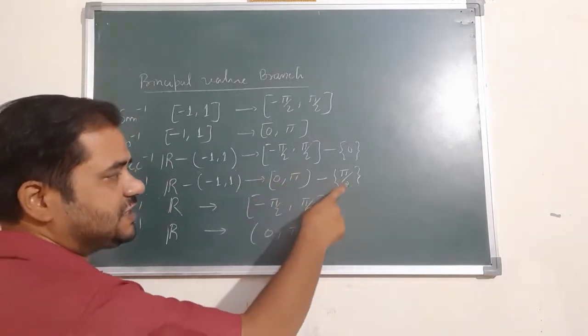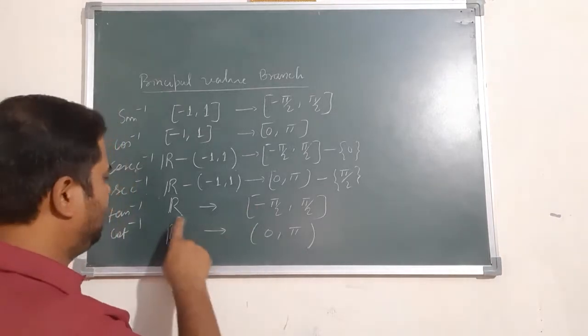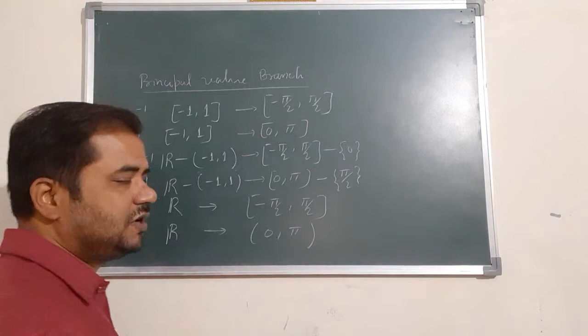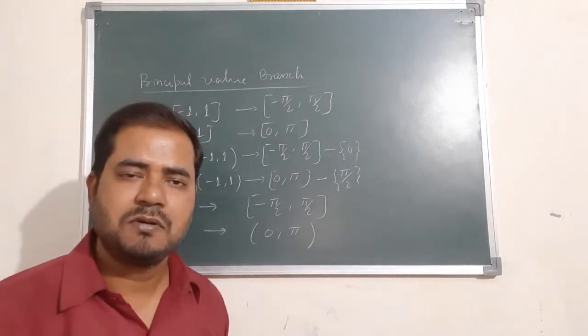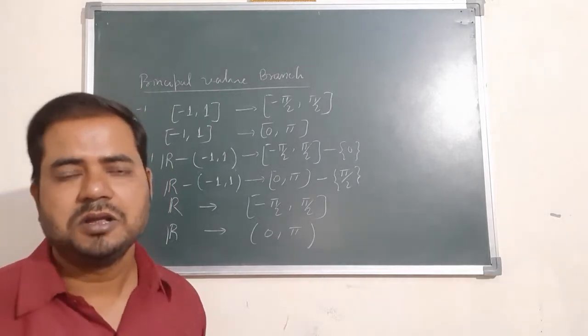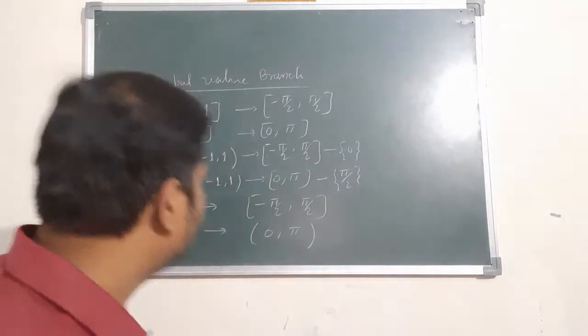For sec inverse, it is 0 to pi, except pi by 2. For tan inverse, it is again minus pi by 2 to pi by 2. For cot inverse, it is 0 to pi, open interval. This you must learn. Because if you learn this, then only you are able to find the principal value.